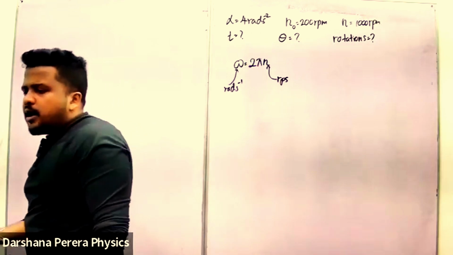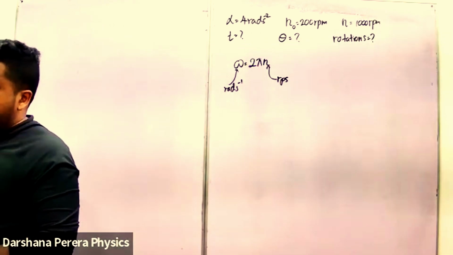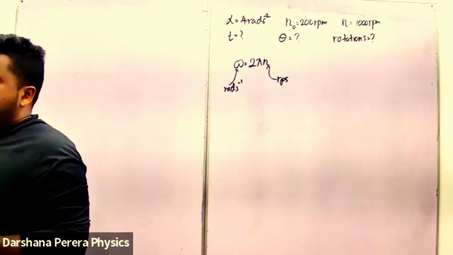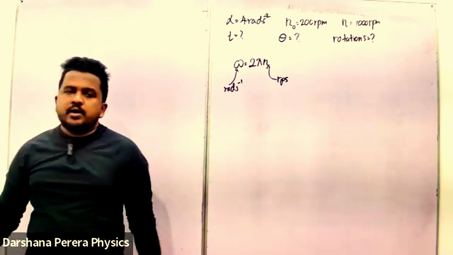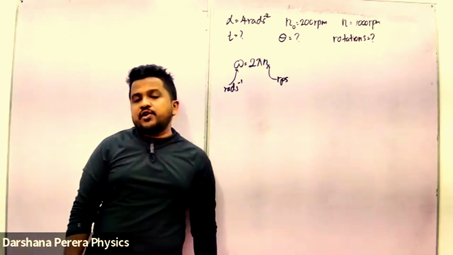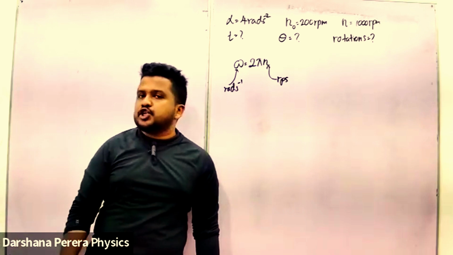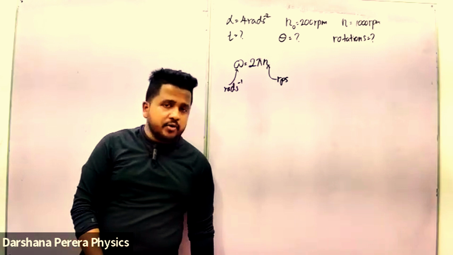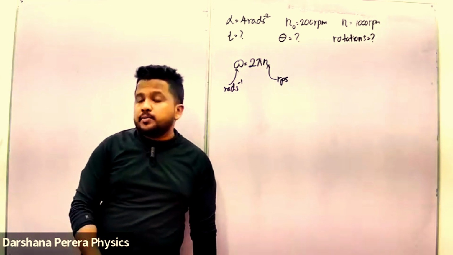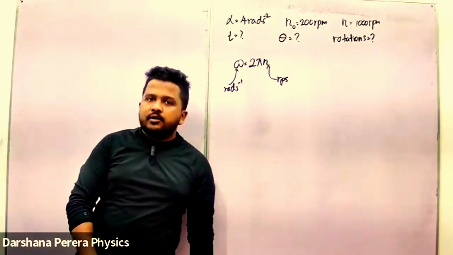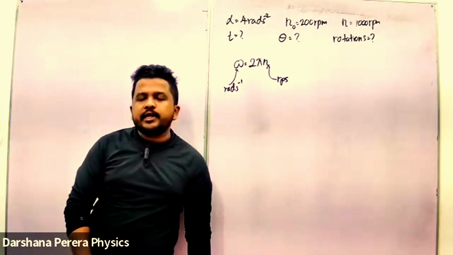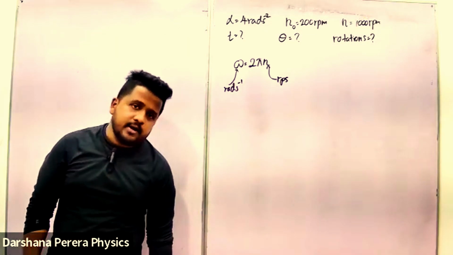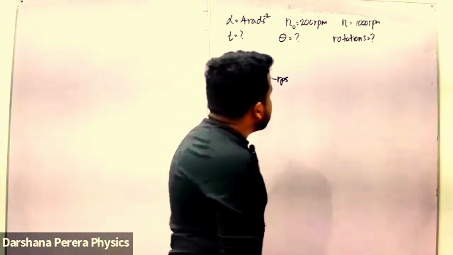How to convert the RPM value to RPS? RPM means revolutions per minute. If the revolutions per minute is 120, what is the revolutions per second? That means 120 divided by 60.